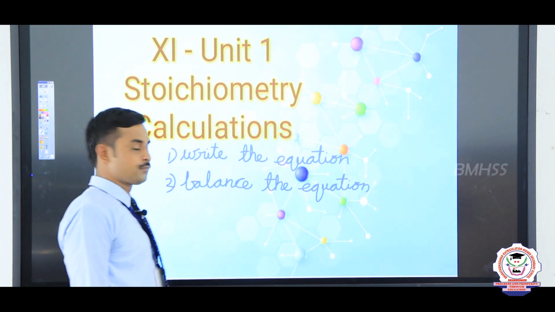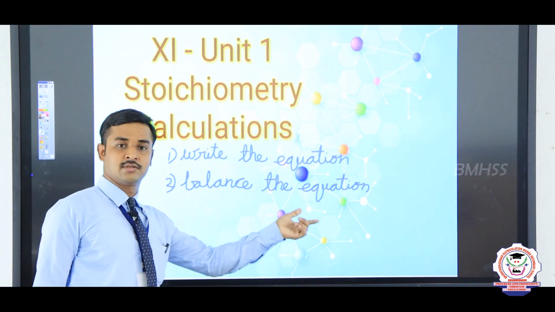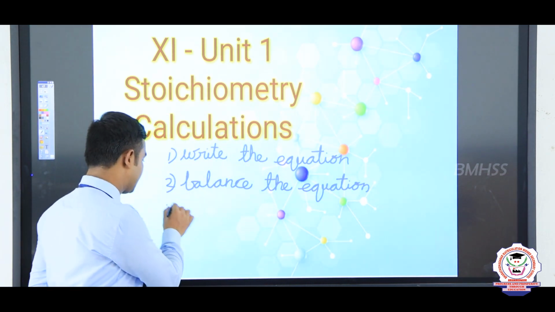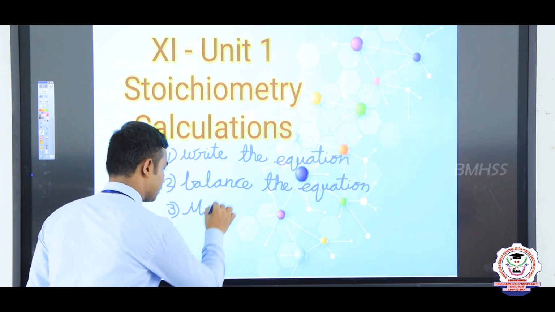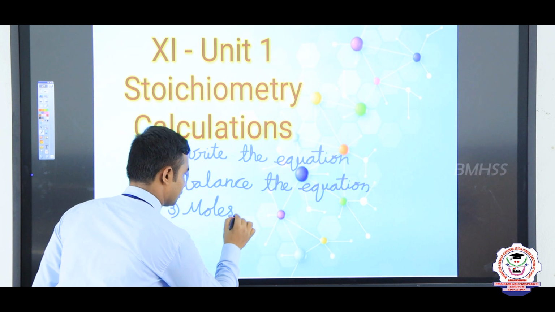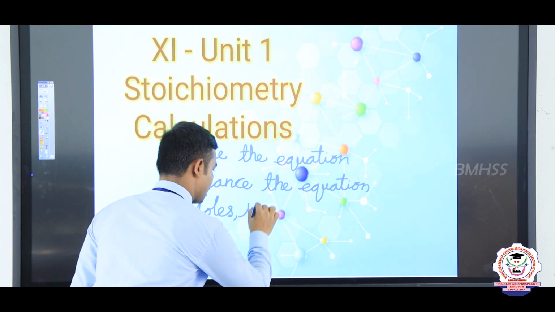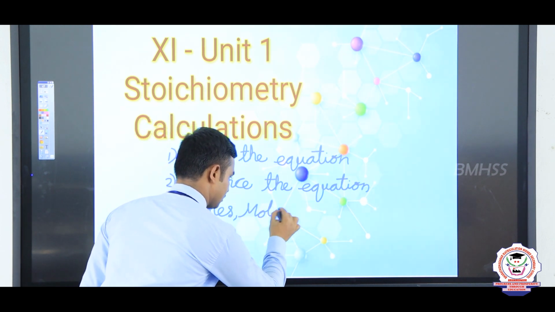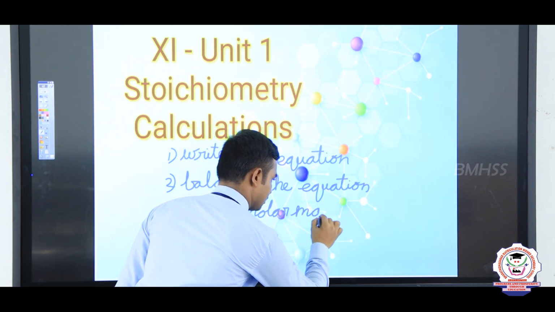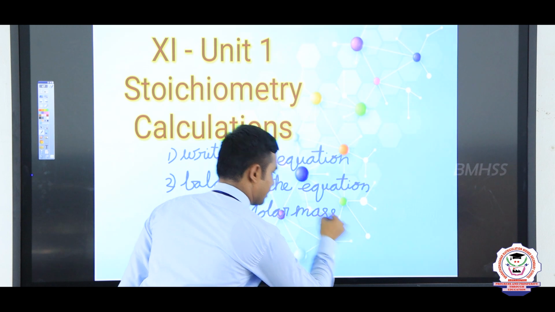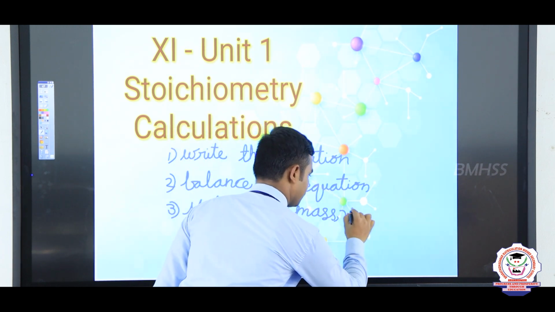So students, after balancing this, we can find three terms. The first one is the number of moles, next the molar mass, and next the volume.